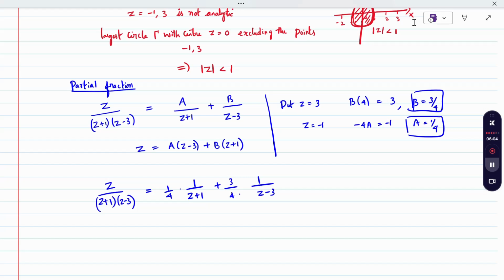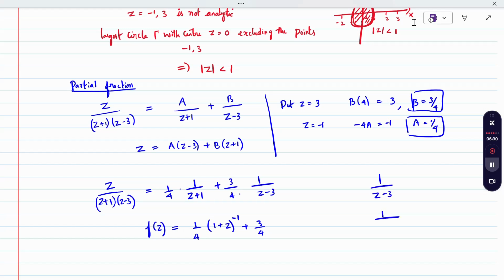Now f of z, replace it with this. So 1 by 4 into (z plus 1), I can write as (1 plus z) the whole power minus 1, plus 3 by 4 into, in this I have to write 1 divided by (z minus 3).